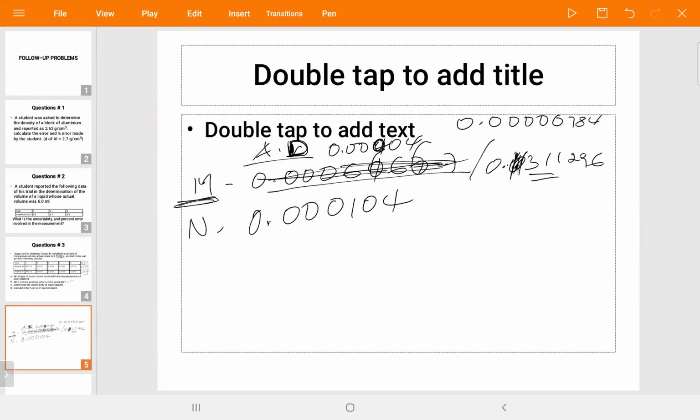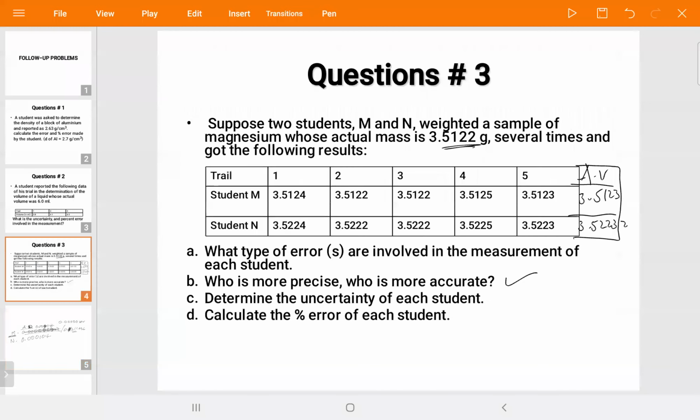After that, take the absolute value, add them, then divide by the number of measurements or number of trials. So in our case, in the example given, the number of trials is 5.